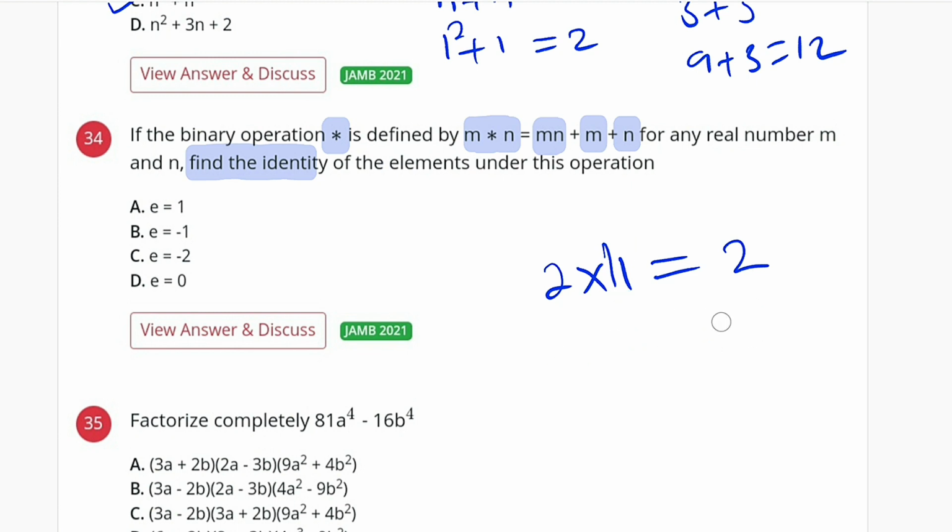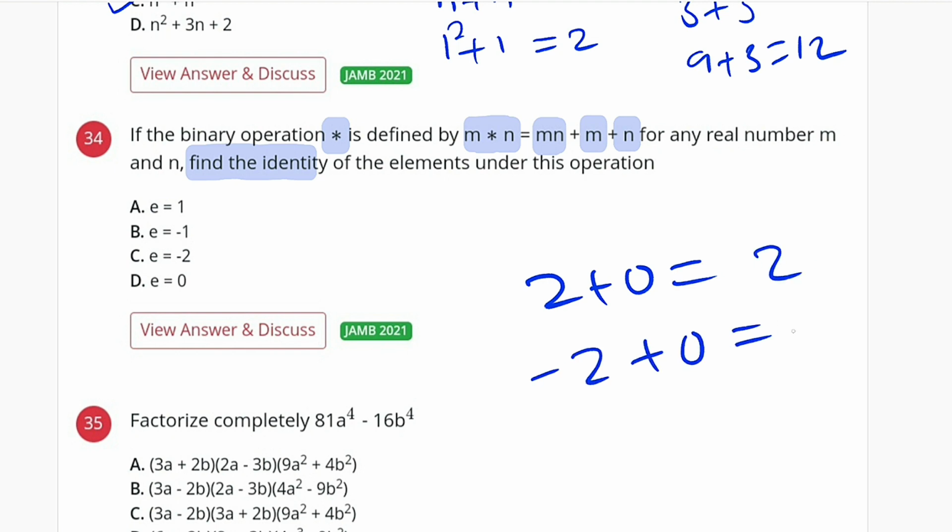And again, 2 plus 0 is equal to 2, minus 2 plus 0 is equal to minus 2, and so on. Any number you take and add 0 is the same as that number. Therefore, under addition, 0 is an identity. We have so many of these, so I don't have to waste time. Let us move on to this question.